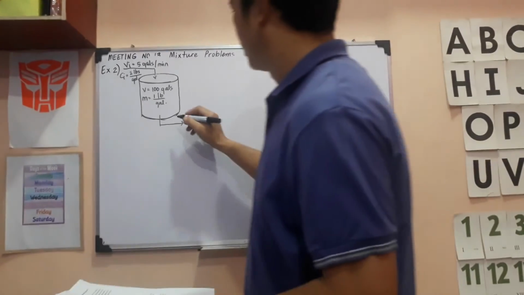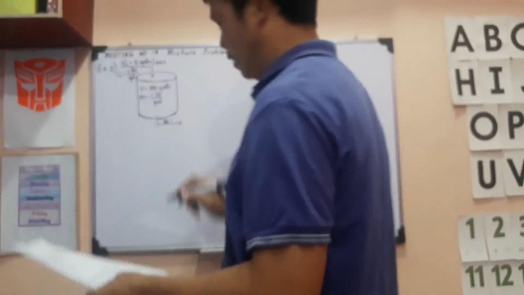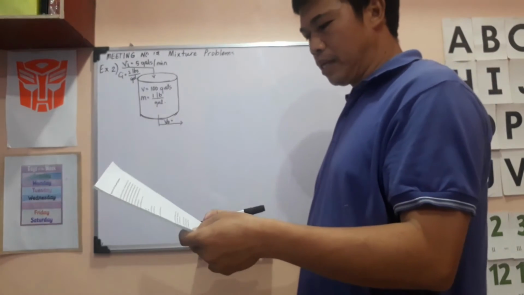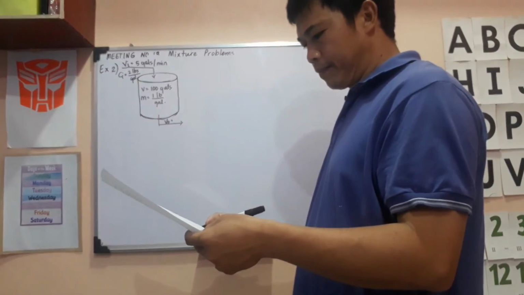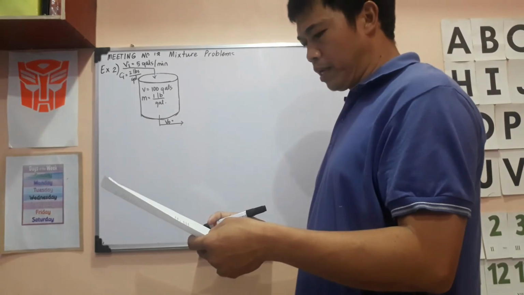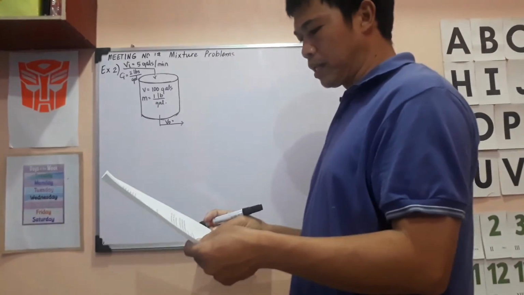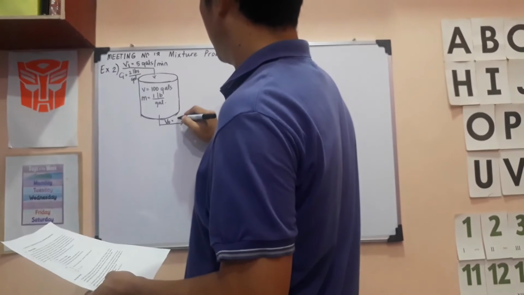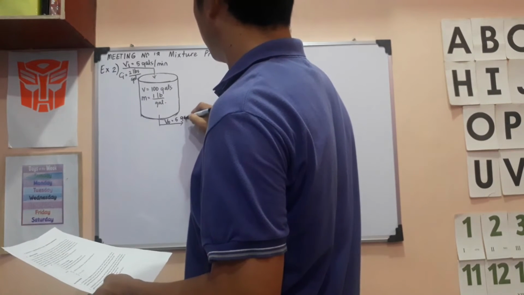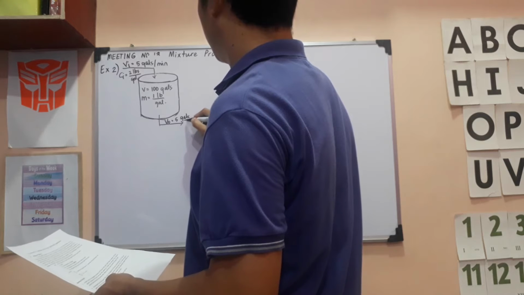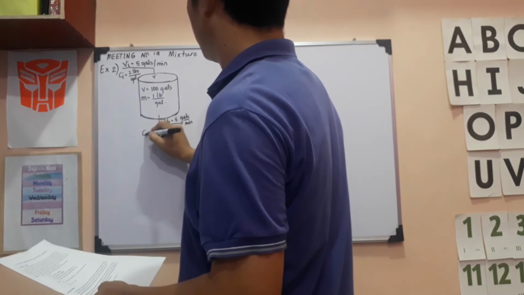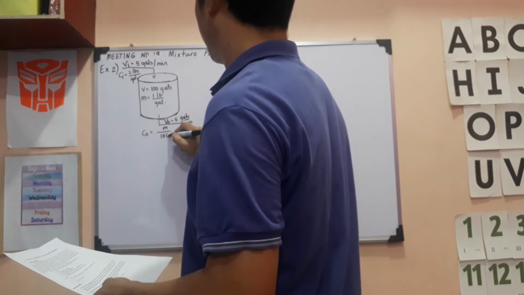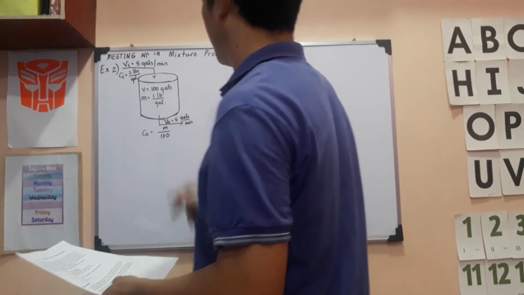And then, for the outflow, okay, so dapat same din. Let's read. The mixture is kept uniform by constant stirring and flows out of the tank at the same rate. So, yun na nga. So, V sub O is 5 gallons per minute. And then C sub O is mass all over 100. Okay. For the volume. Laging ganon.